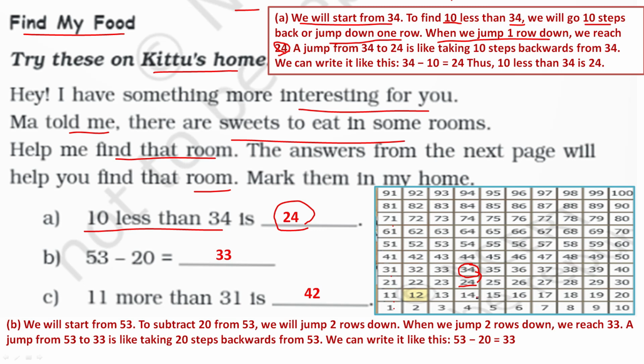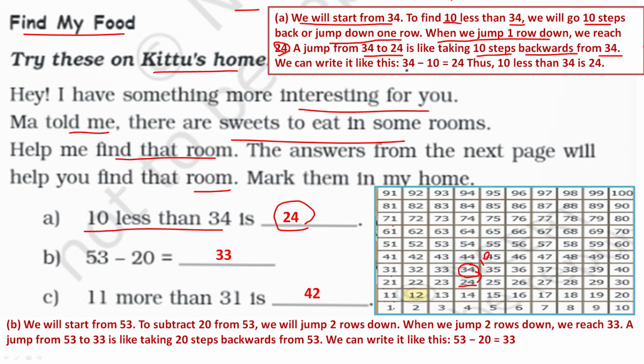Okay, children, a jump from 34 to 24 is like taking 10 steps backward. How many steps backward? 10 steps backward.